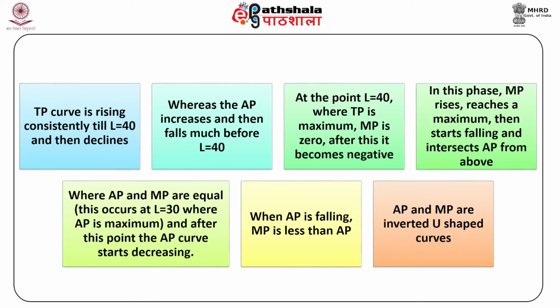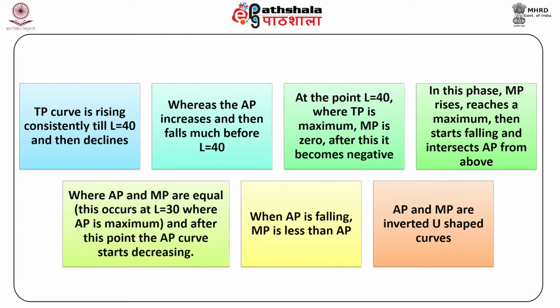At the point L = 40 where TP is maximum, MP is 0 and after this it becomes negative, which is given in figure 1. While AP rises, MP is greater than AP, given in figure 2. In this phase, MP rises, reaches a maximum, then starts falling and intersects AP from above.